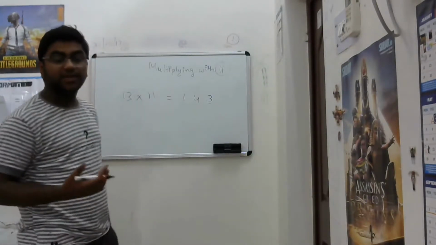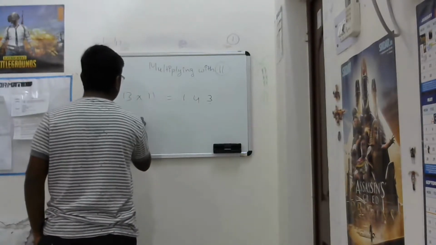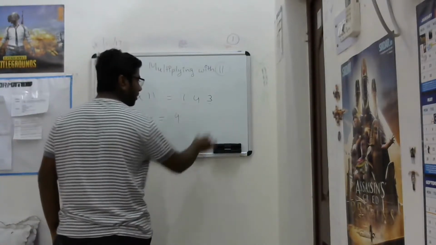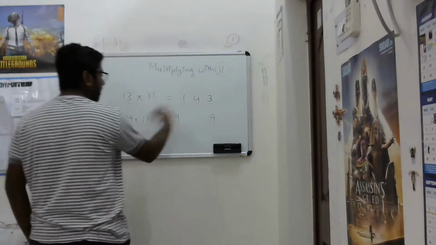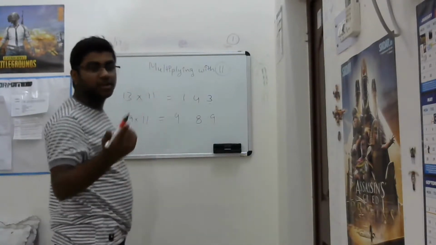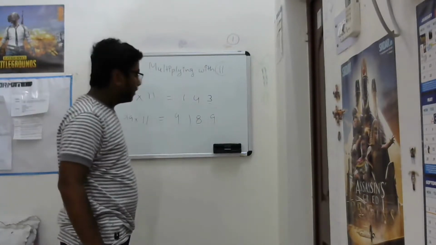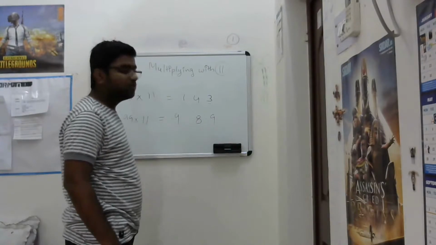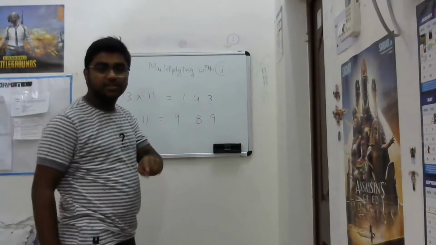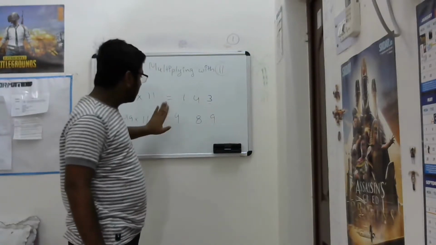What happens when we multiply bigger numbers with 11, such as 99? You will face a little problem. You write 9 here and 9 here, and add both the numbers. You get 18. But there is a carryover, so you cannot write 18 in between, this will become wrong. What you do is write the units digit: 9 plus 9 is 18, the units digit is 8, you write 8 and carry the tens digit forward to this one.